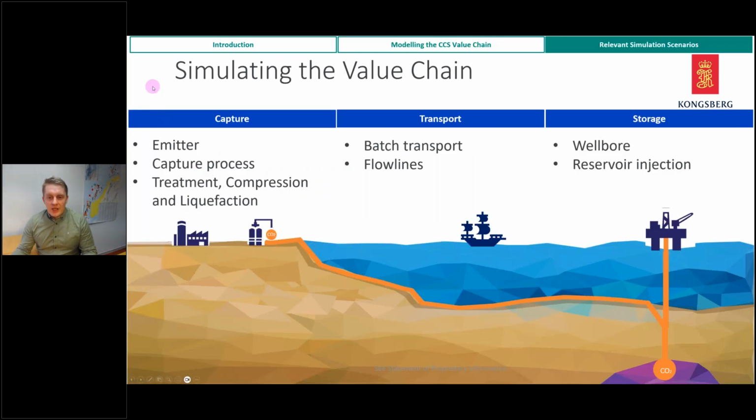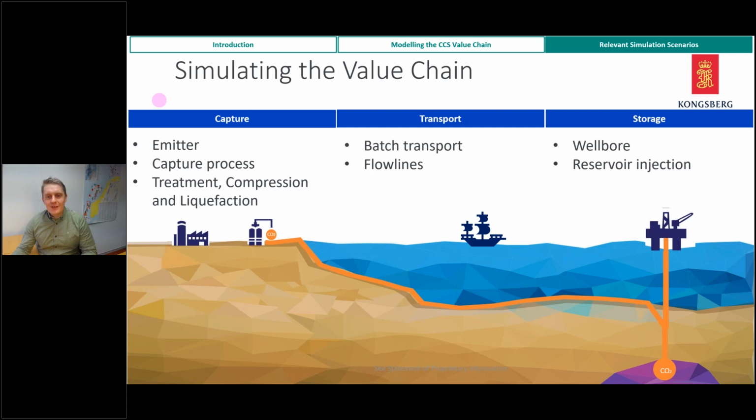When we get into simulating the value chain, pulling back a little bit and going back to our original overview here, we think about this again as capture, transport, and storage.